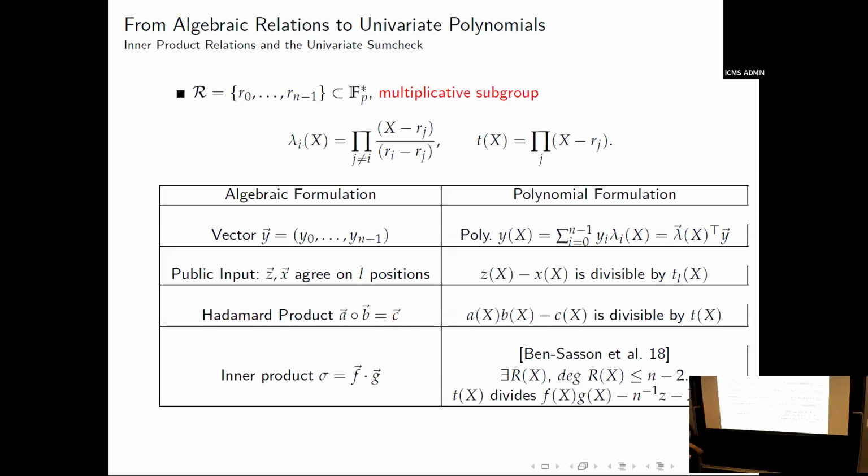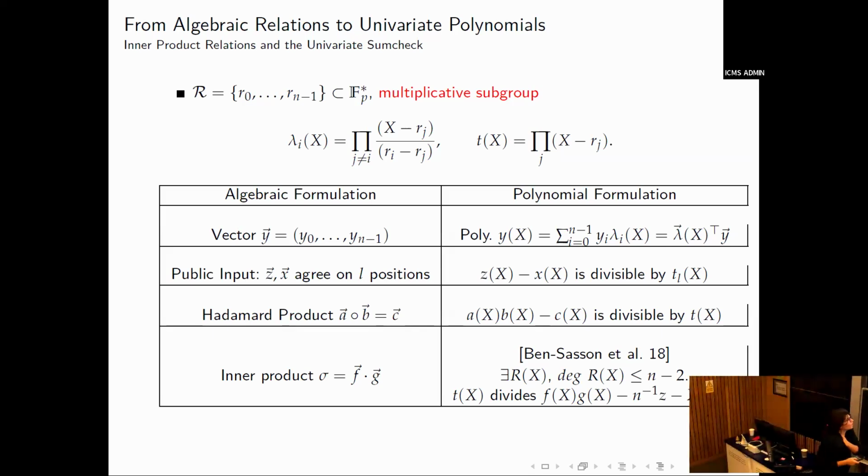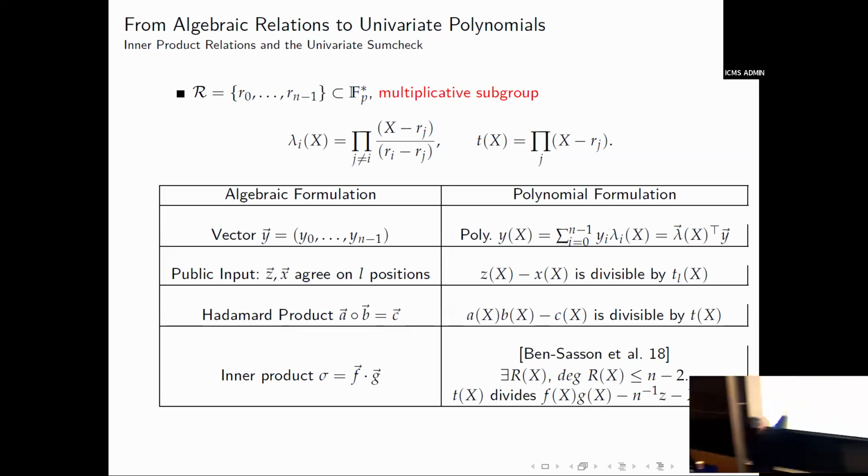Why is this? I think maybe I'm going too fast, so let's take a minute to think why this is. When I map this vector to this polynomial, what I'm doing is interpolation, right? This is the polynomial that takes the value y0 at R0, y1 at R1, and so on.